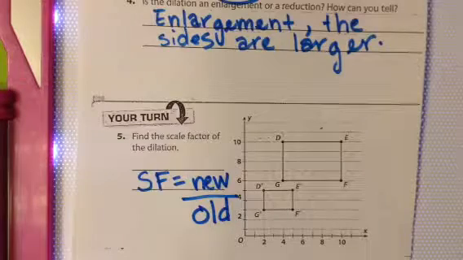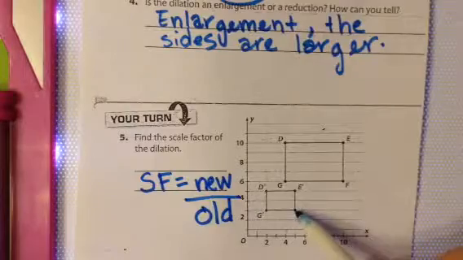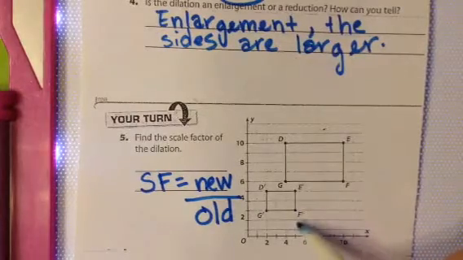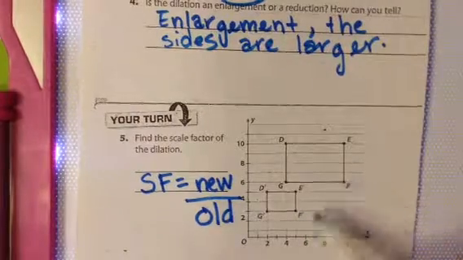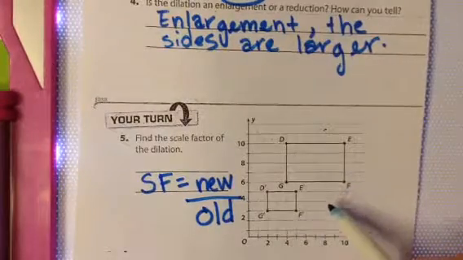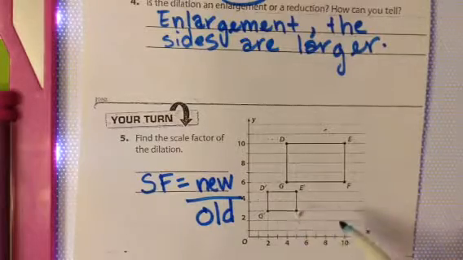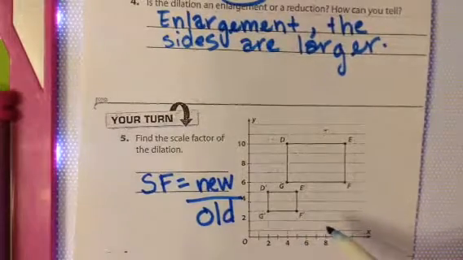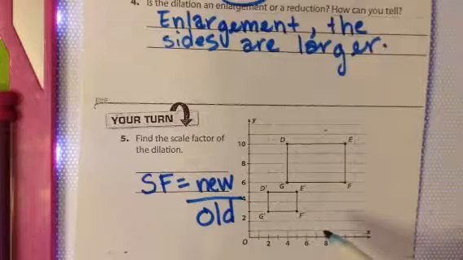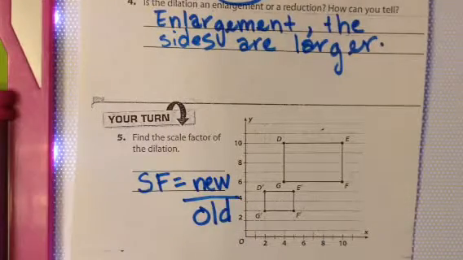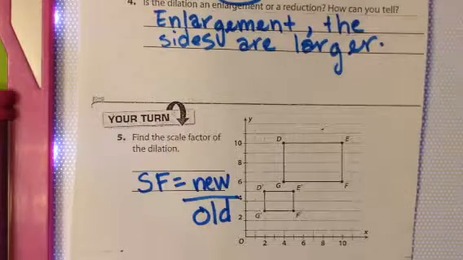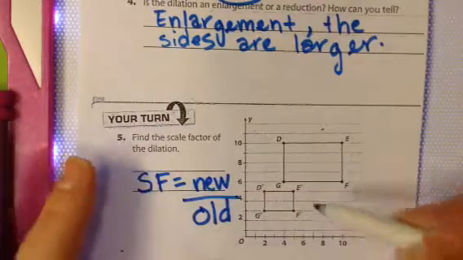I can use coordinates, like the x coordinate of this new F and the old F. I could even use the y coordinates if I wanted to. But whenever you have one like this, where it's easy to count side lengths, just use the side lengths, because it's going to be easier than getting the coordinates. If everything's tilted, then you would have to use the coordinates, because you can't count diagonals perfectly on the coordinate plane.